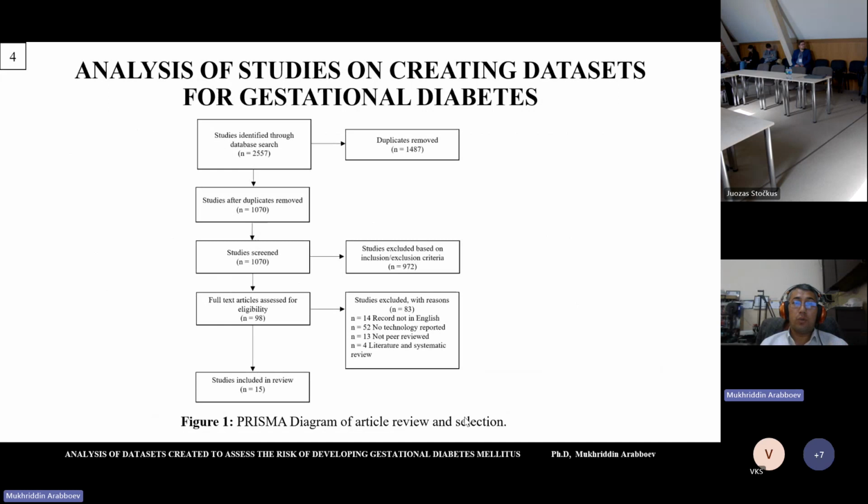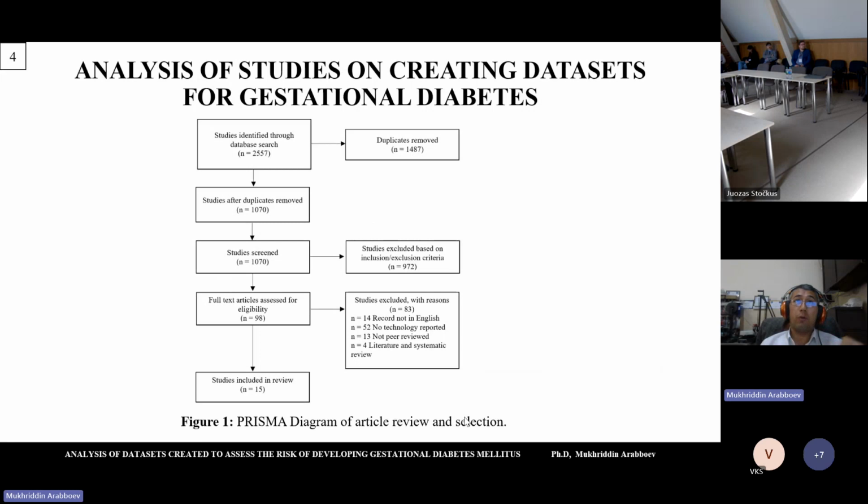In this figure, you can see a PRISMA method. In this paper, we used the PRISMA method for the article review and selection process.